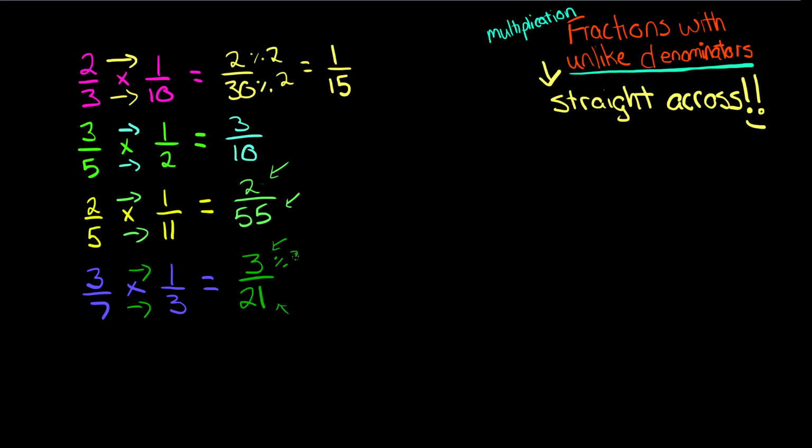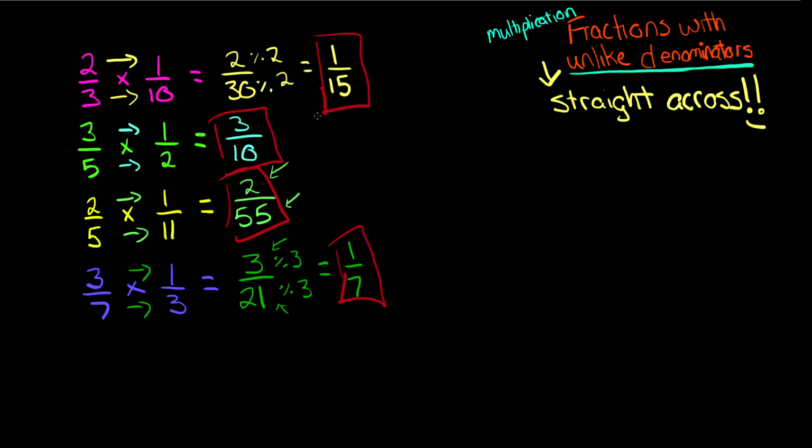It is 3. So we can divide both the top and the bottom by 3, and that equals 1 over 7. Don't forget to circle your answers. Your math teachers will love you a little bit more if you do that, because then it doesn't matter how messy it is. Well, actually it still does. I've seen some crazy things, but let's move on to the next section.